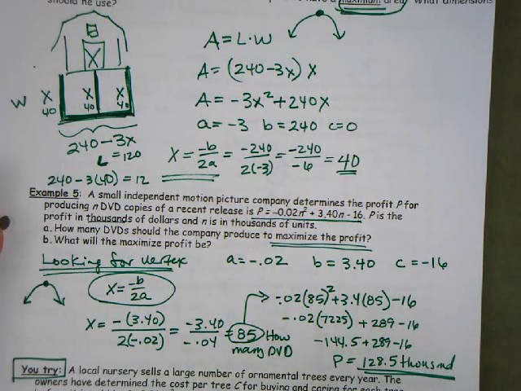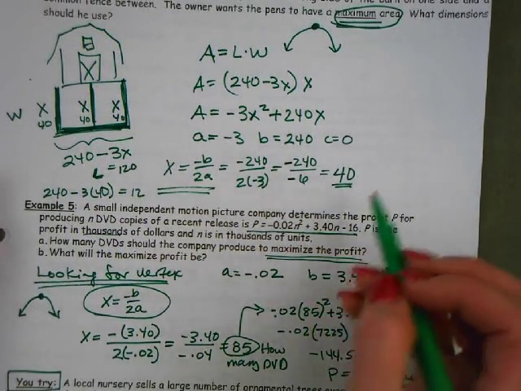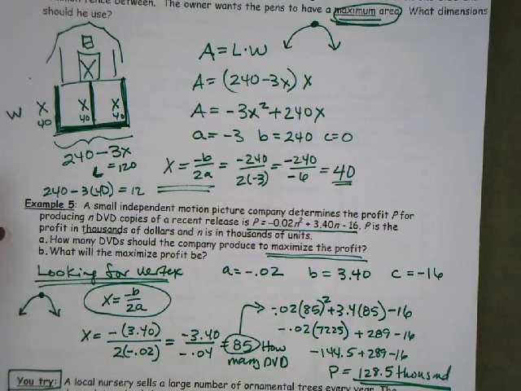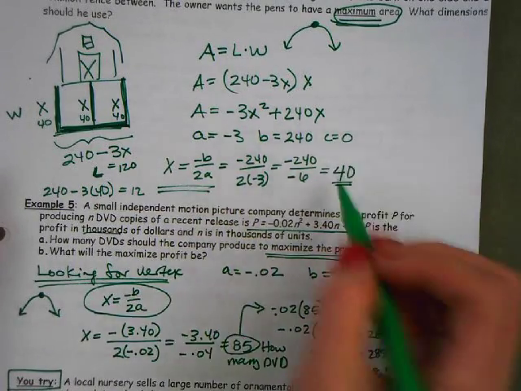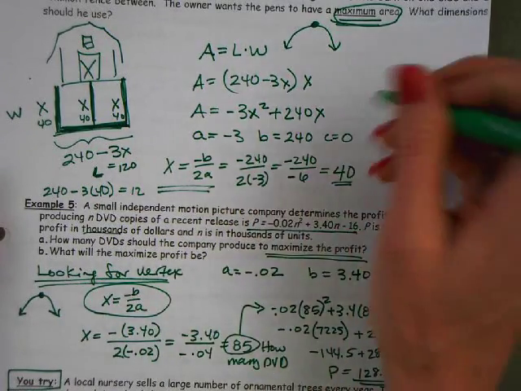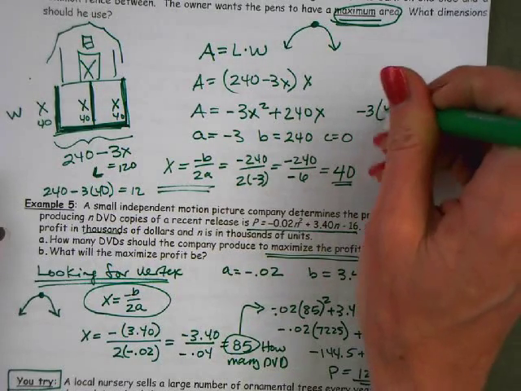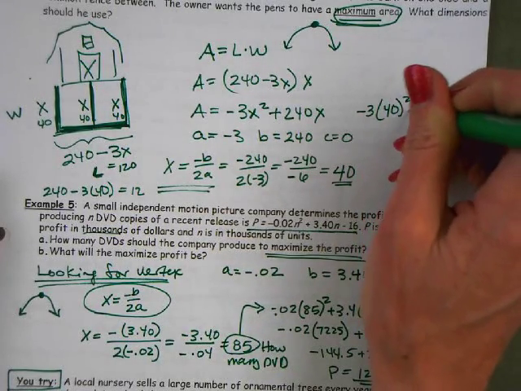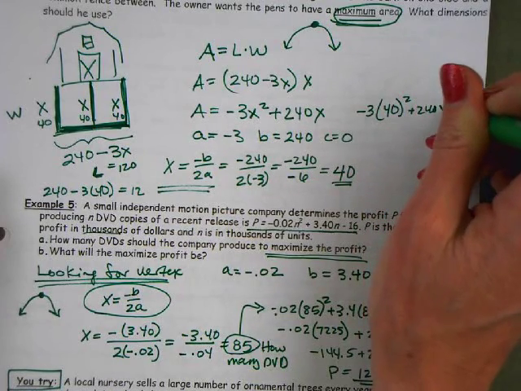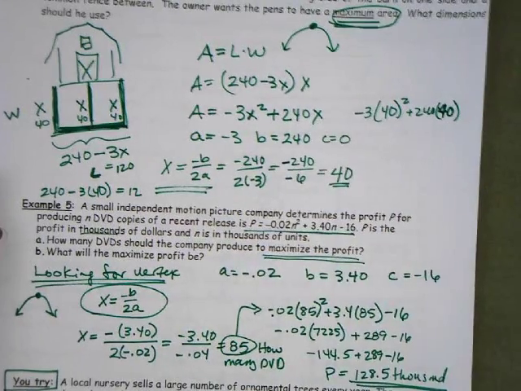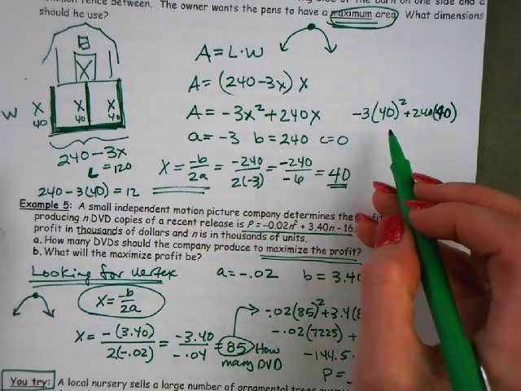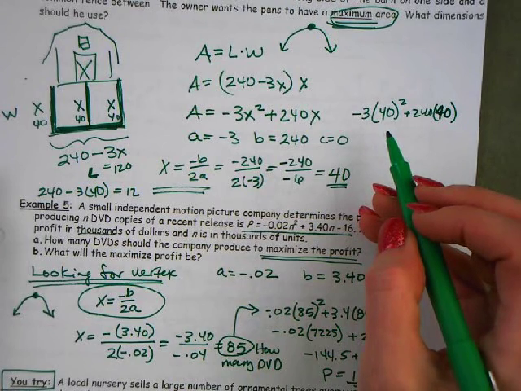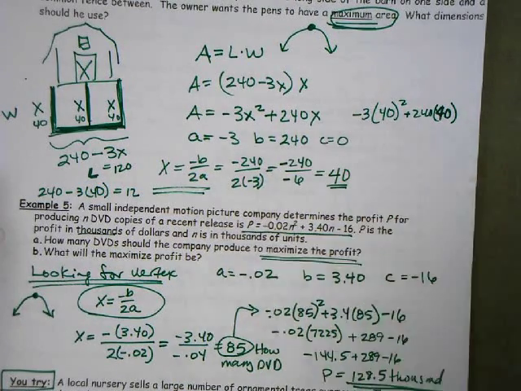If I want to find out what the maximum is, then you take that and you plug it in, and then you can find out what the actual area is. So if I take this and plug it in, okay, I'm going to get negative 3 times 40 squared plus 240 times 40. And then this is going to become, I don't have the math in front of me, 40 times 40, and then times negative 3.